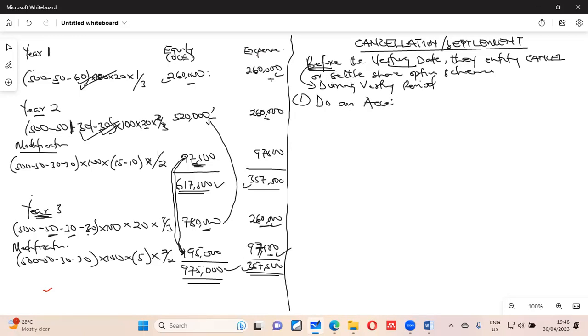What do we mean by that? So you assume that everybody has vested. All right, you assume that everybody has vested. Okay, and so therefore what you do is that you recognize the amount that would have been recognized over the vesting period all at once.